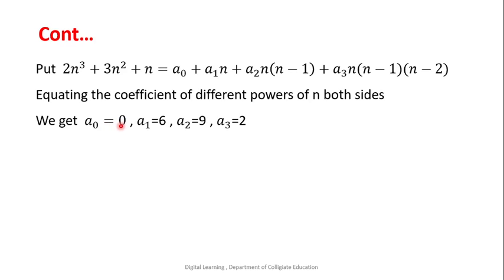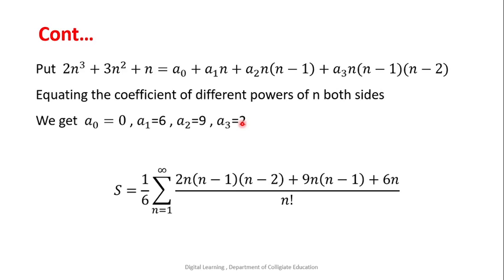Here we get a0 equals 0, a1 equals 6, a2 equals 9 and a3 equals 2. Substitute these values in the 2n cube plus 3n square plus n equation. We get 2n into (n minus 1) (n minus 2) plus 9n into (n minus 1) plus 6n plus 0, divided by n factorial.